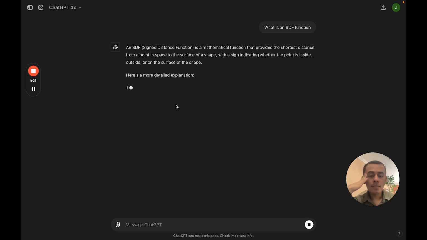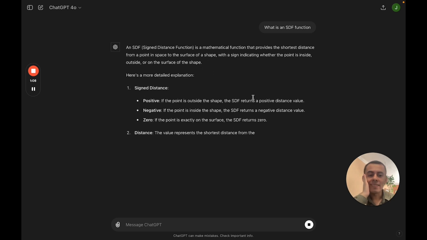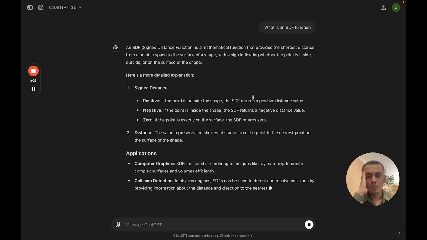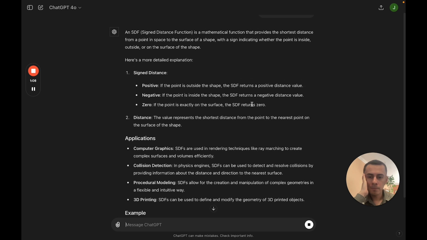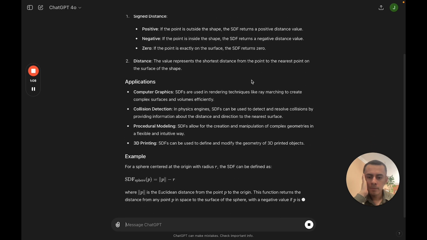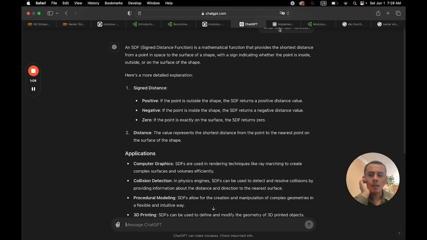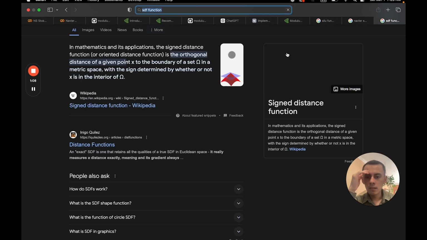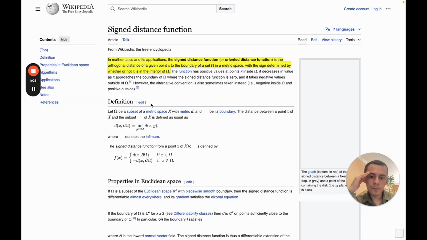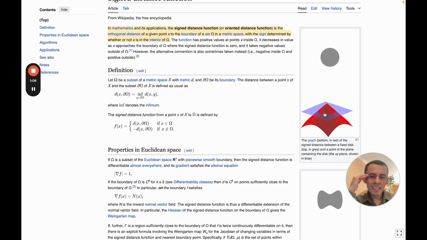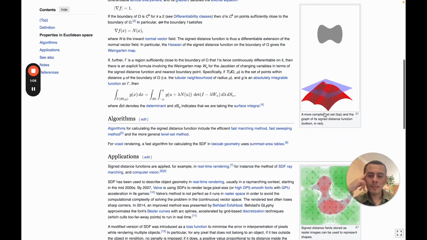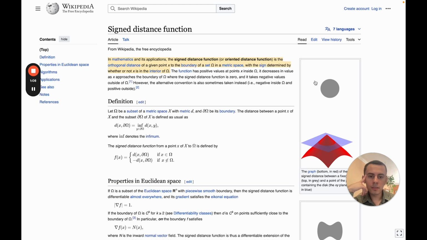A signed distance function is a mathematical function that provides the shortest distance from a point in space to the surface of a shape. Yeah, it's a little confusing. SDF function, signed distance function. Yeah, I understand it to be similar to what we did before, you know.